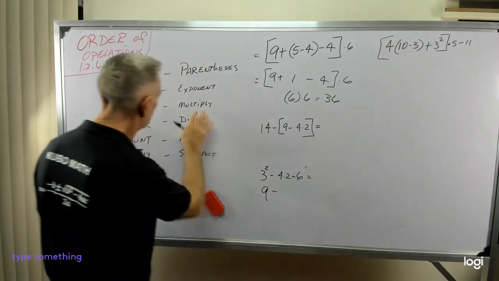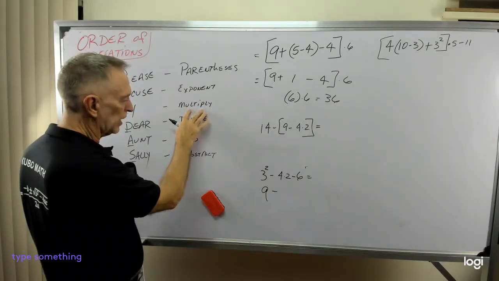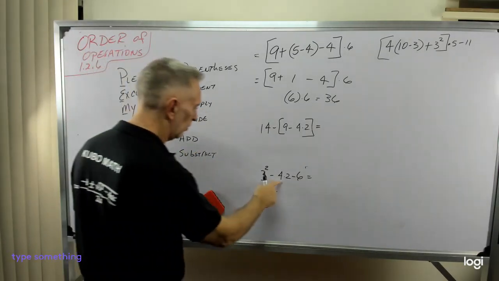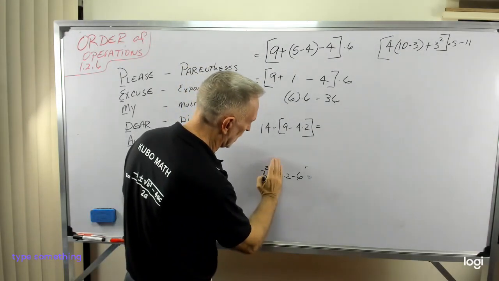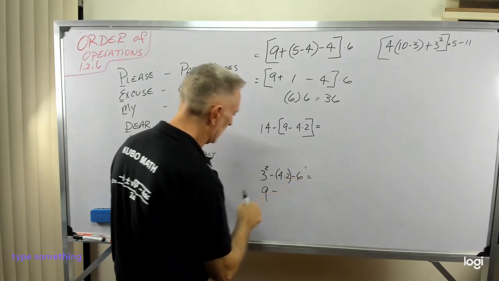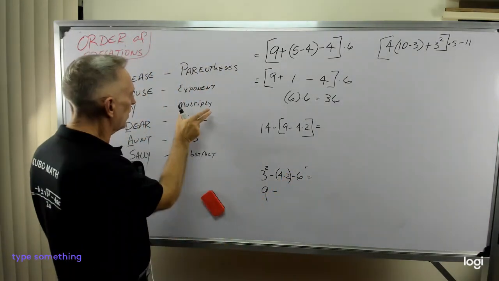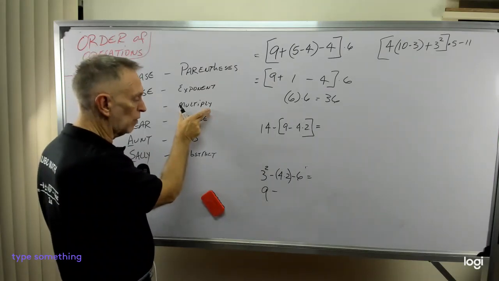Now what do I have? Do I have exponents? No, they're all gone. But do I have a multiplication? Yes, I do. 4 times 2. So you'll see I'm not saying 2 minus 6 times 4. I'm really, in my mind, putting a parenthesis around that because it's the next order of operation that must be performed.